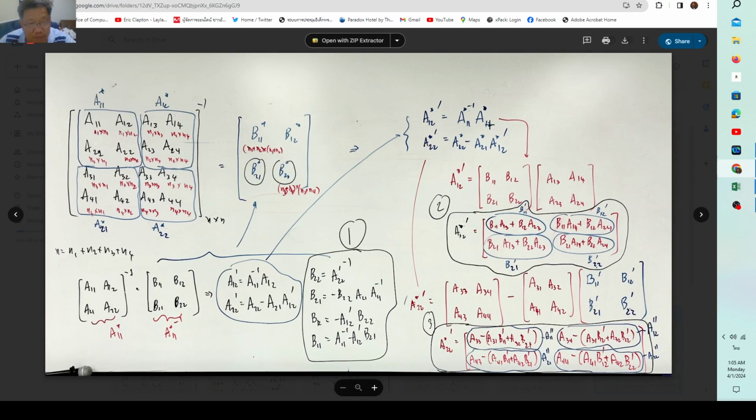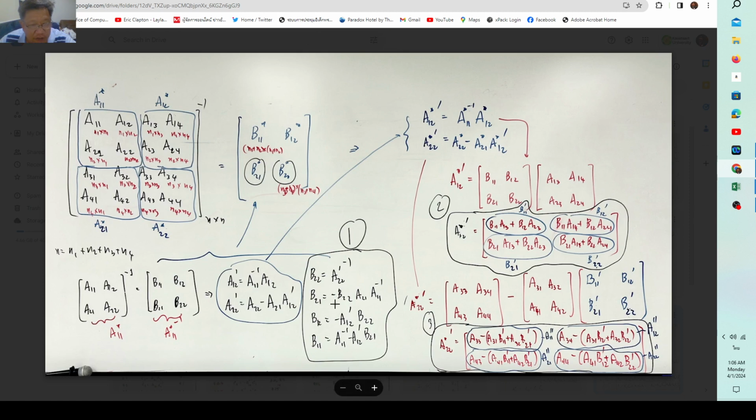And then for each part of computation, you can directly apply the submatrices within the submatrices to expand the formula over here. Like here is the first step you need to do, right? Because you need to find A11 inverse, A11 star inverse. You can apply directly the 2 by 2, the original 2 by 2 formula.